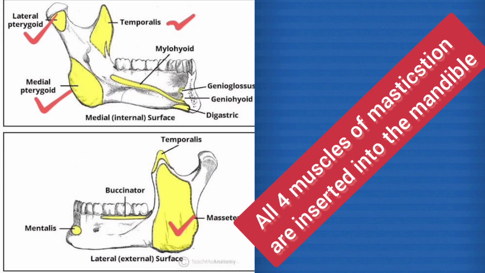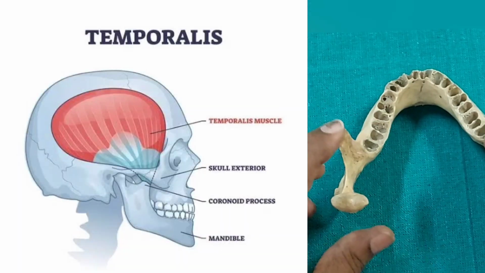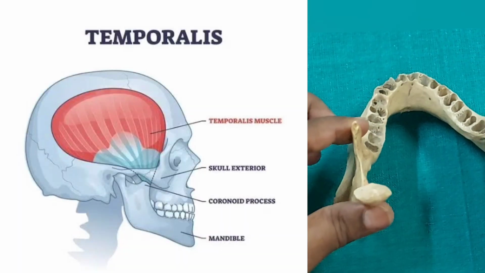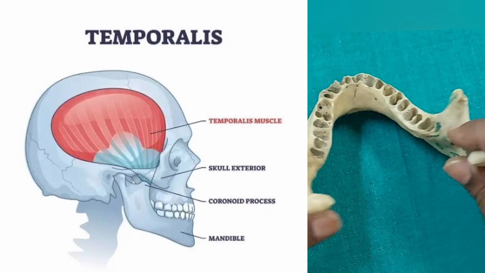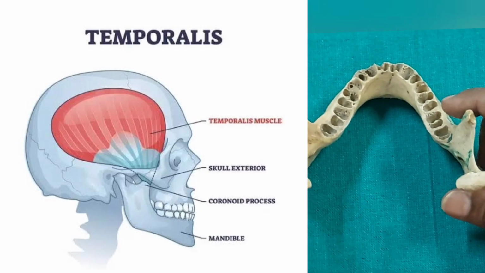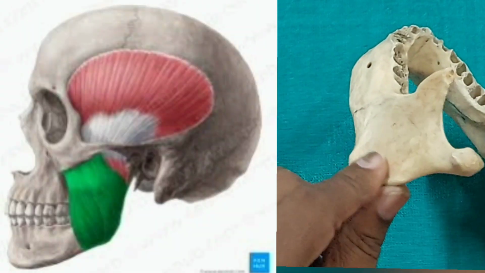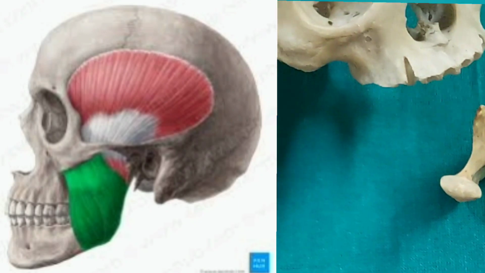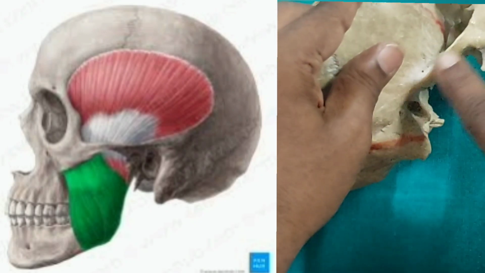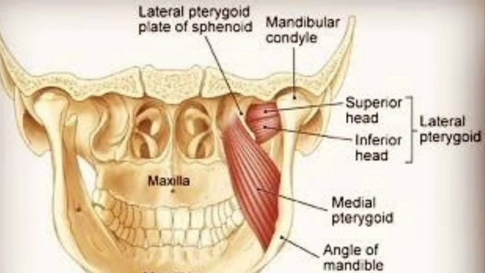No origin here. All the four muscles originate from other bones: the temporalis from below the temporal line or temporal surface of the frontal bone and parietal bone, then the masseter from the zygomatic arch, the lateral pterygoid from the greater sphenoid and lateral pterygoid plate, and the medial pterygoid also from the medial surface of the lateral pterygoid plate.